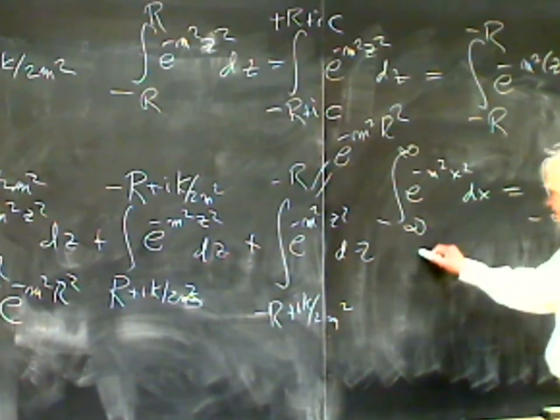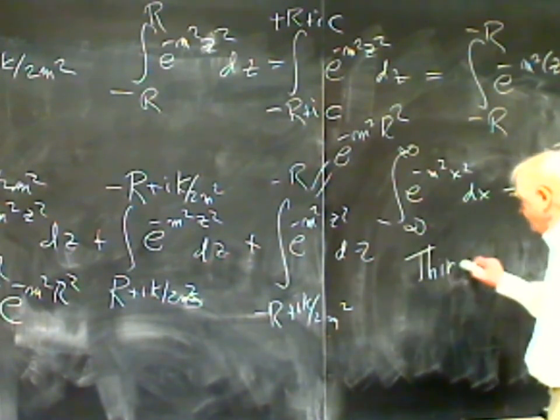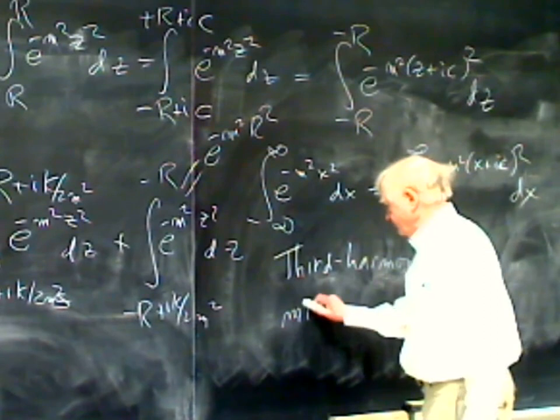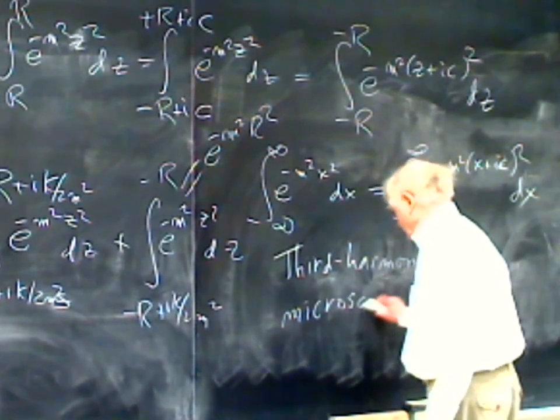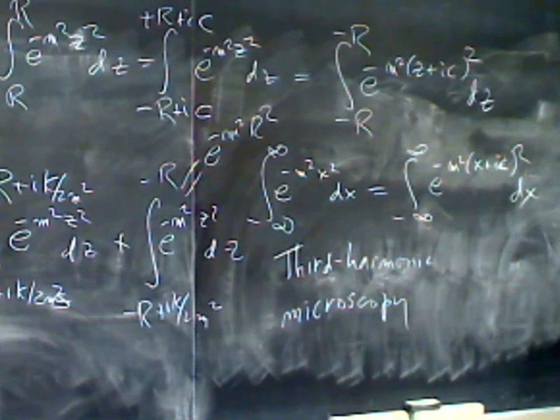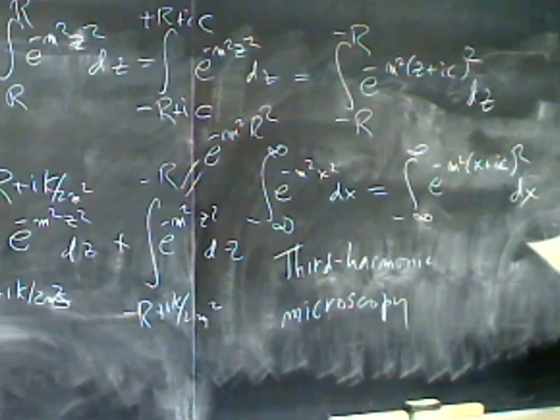The subject is third harmonic microscopy. And what are we dealing with? An ultra-short laser pulse, intensely focused in a featureless medium, generates a third harmonic electric field in a forward direction proportional to this particular integral.